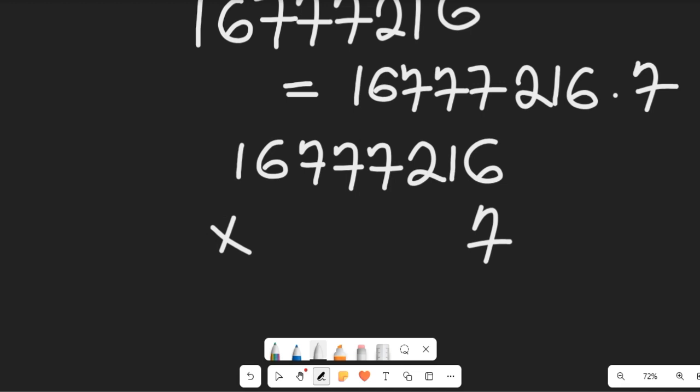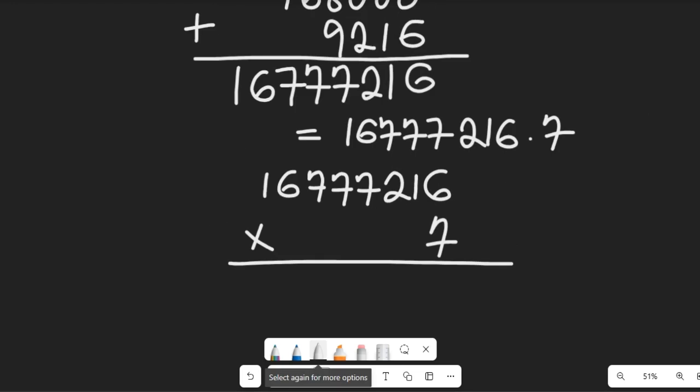So if we multiply this, we're going to have 7 times 6, which is 42. We write a 2 and carry 4, right? 7 times 1 is 7 plus 4, that's going to give us 11. Then we write 1 and carry over 1. 7 times 2 is 14 plus 1 is going to give us 15.